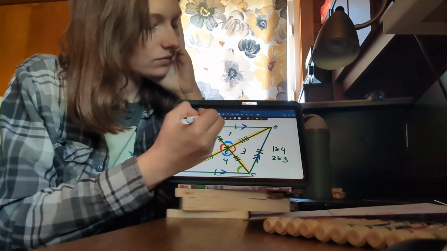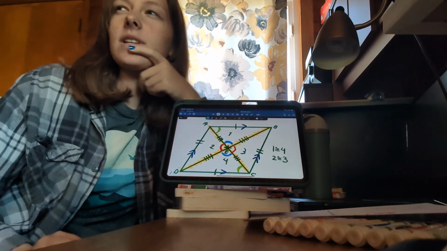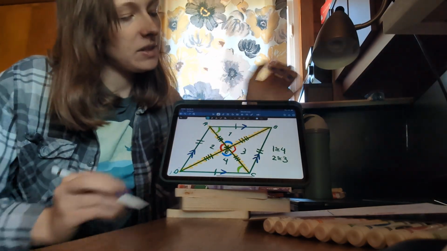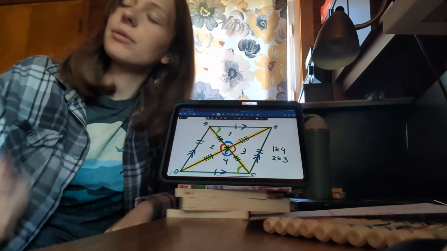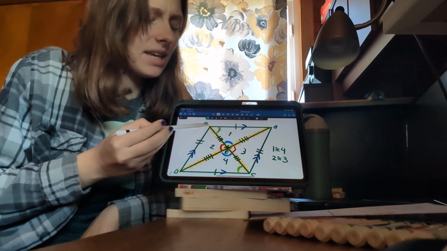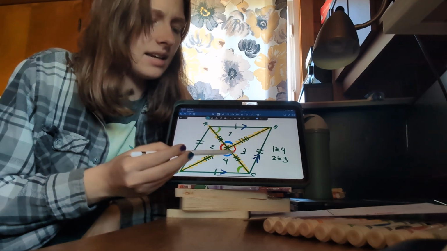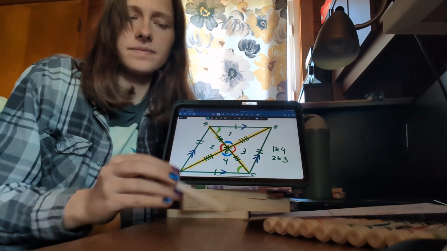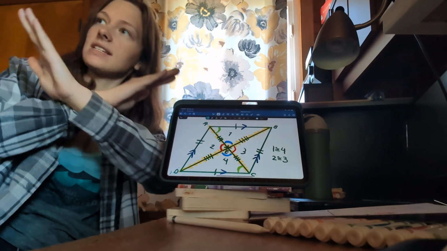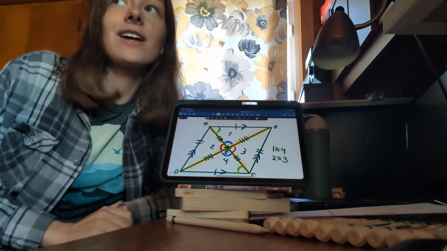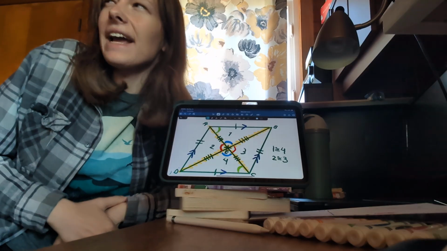If you want something to look at, maybe take a look at line segment DE and EB. What do you notice about them? Yes, they're congruent. And same thing here at AE and EC. So when these two diagonals intersect, they split each other in half. Isn't that kind of cool?